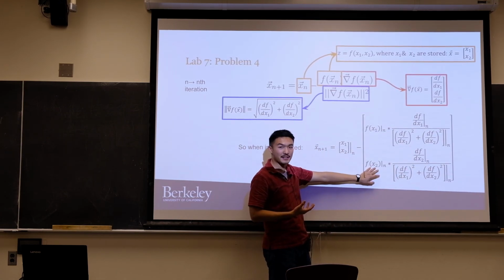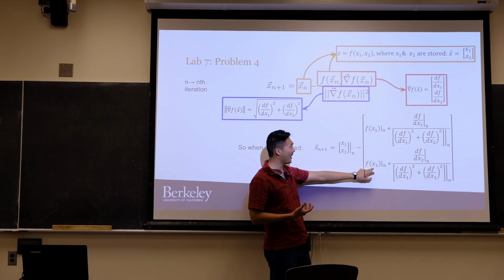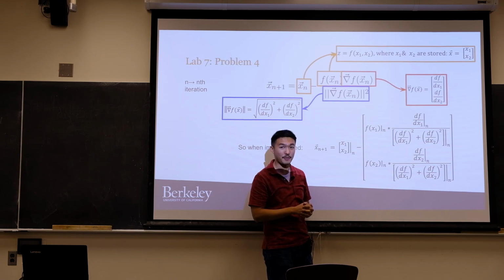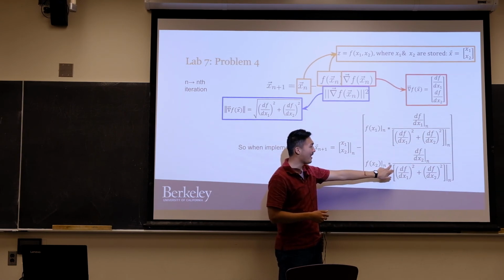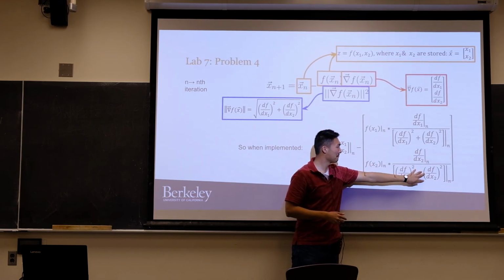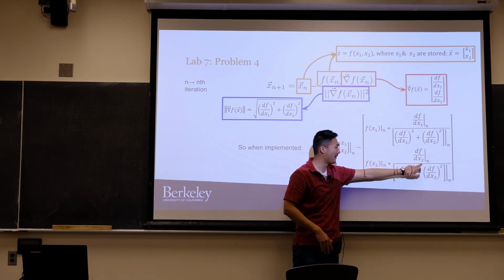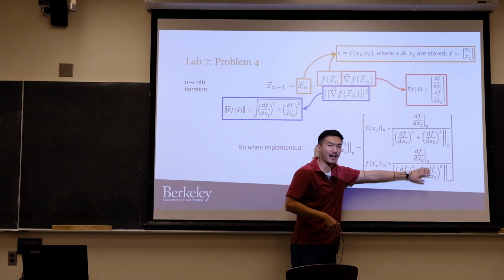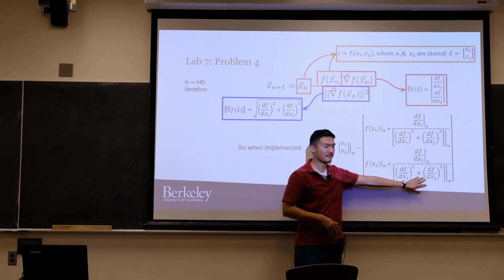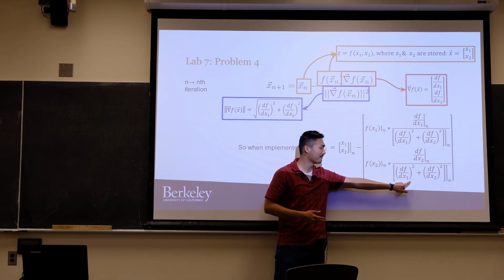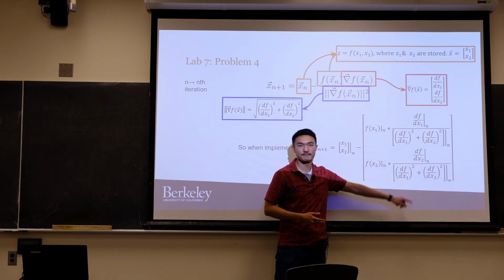Well, this junk is essentially f evaluated at your current point times the partial derivative in a certain direction evaluated at the current time step divided by the norm. Okay, the norm of the partial derivatives.